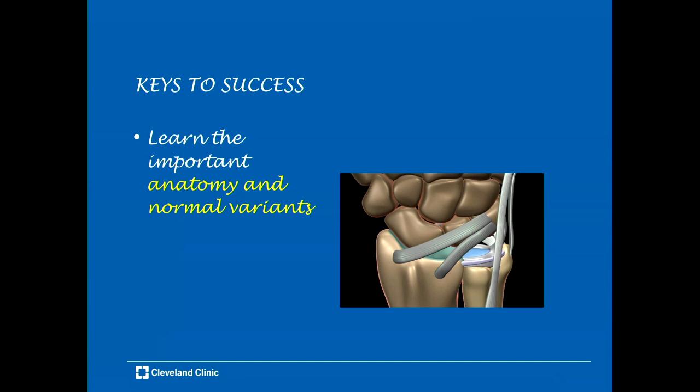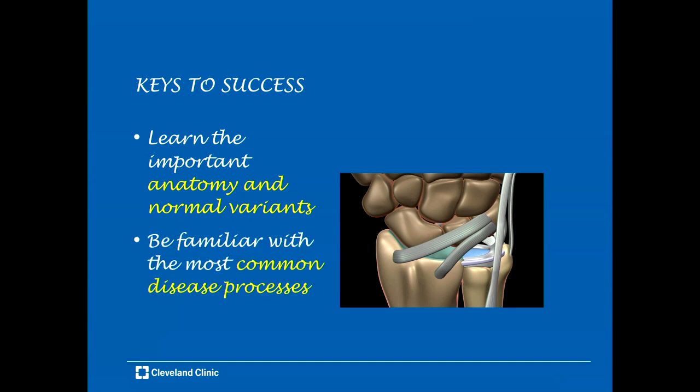In terms of the keys to successful reading a wrist MRI, I think it's important to learn the anatomy of the wrist as well as important normal variants, and be familiar with the common disease processes that happen around the wrist so you can recognize them. Lastly, it's helpful to use a checklist to make sure that you remember to evaluate all the necessary structures. Thank you.